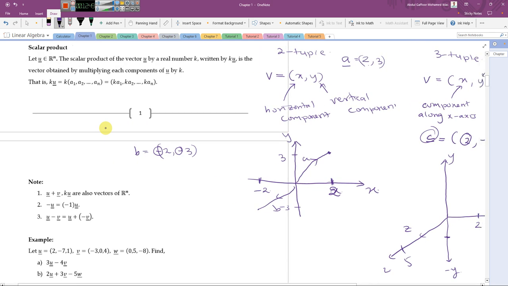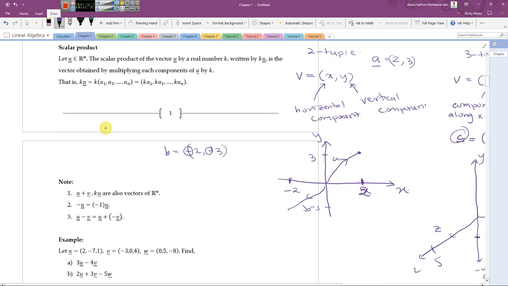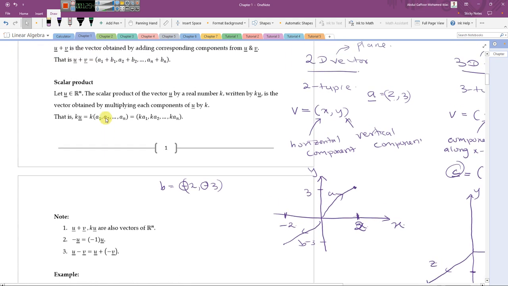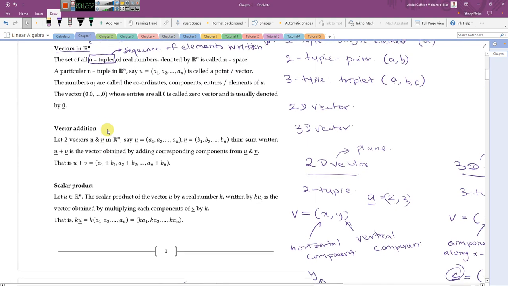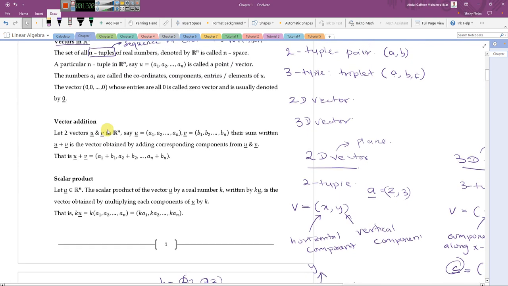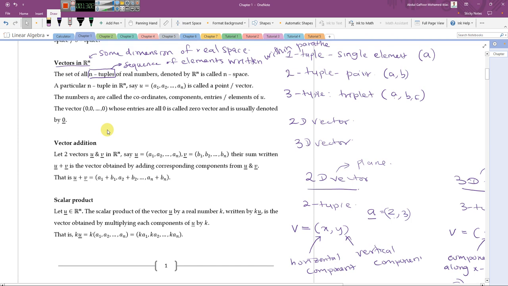Now these are just some clarification about 2D and 3D vectors. Now we will move to vector addition, right? So these are very simple concepts, and here we have some other notes also. We will just look at them. The numbers a_i are called the coordinates, right? So basically these are called coordinates. We have already studied x comma y. So for example, in the Cartesian system, we have a point like this, and x comma y is called the coordinate, right?